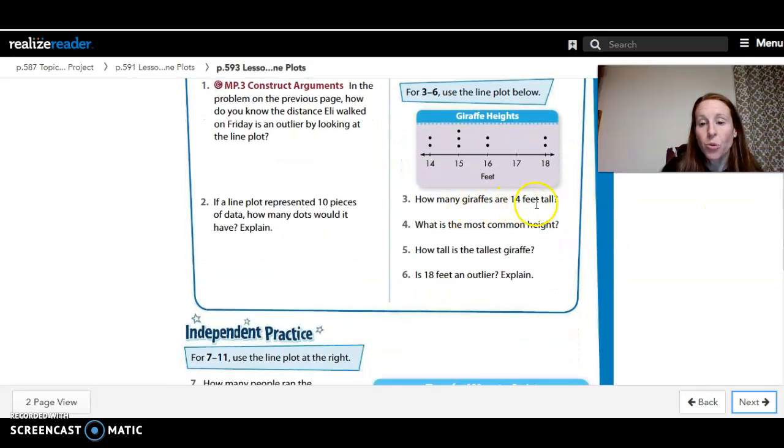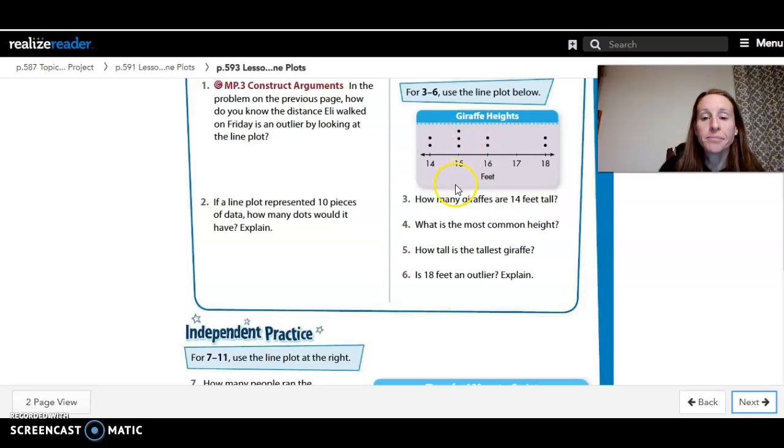How many giraffes are 14 feet tall? Well, really, I should look at the line plot first before I jump to the question. So we've got a line plot here. The title is Giraffe Heights, and the label at the bottom is feet. That means 14 feet, 15 feet, 16 feet, 17 feet, 18 feet. And the dots represent the individual giraffes.